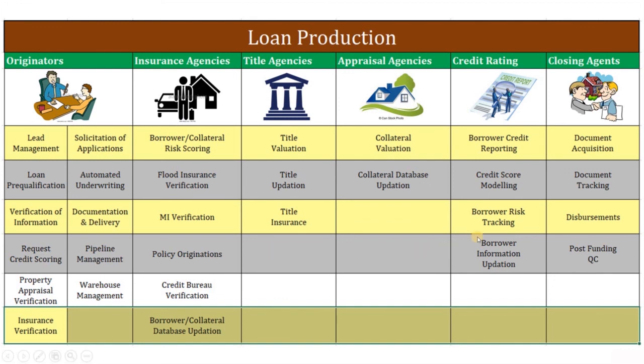Appraisal agencies perform collateral valuation, checking whether the collateral given by the borrower is really worth that money, and calculate the current market value of the property. Credit rating agencies do the credit score modeling.